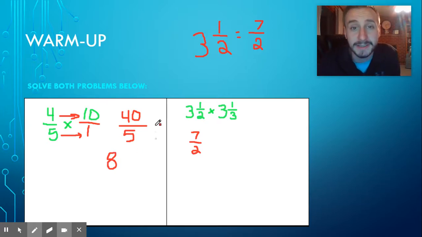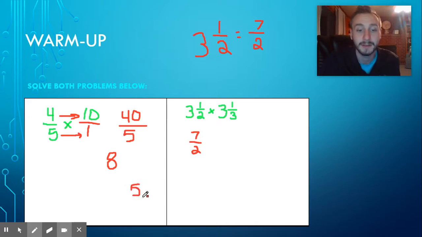Another way you could have figured this out is you could have divided the bottom number into the top number. 5 into 40, which still would give you the same answer, which is 8, because 8 times 5 is 40 with a remainder of 0. So let's try the second one.